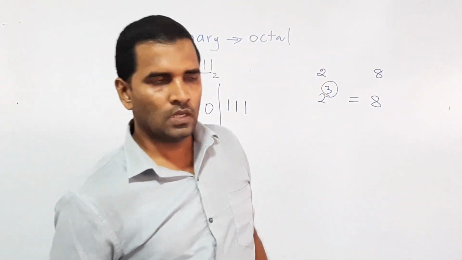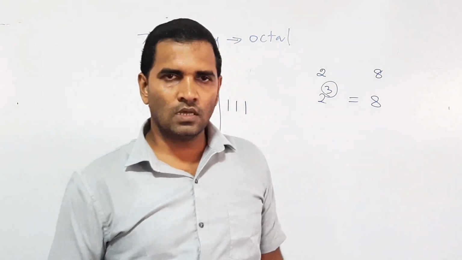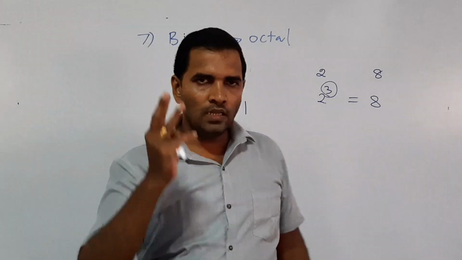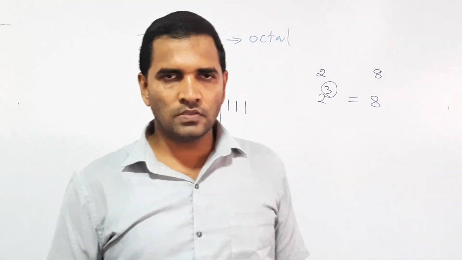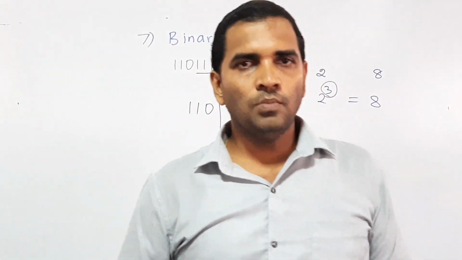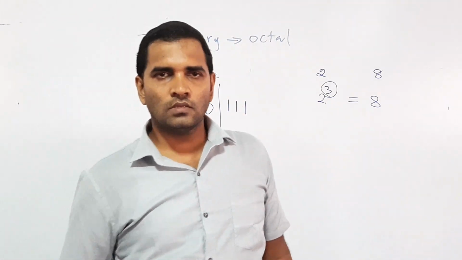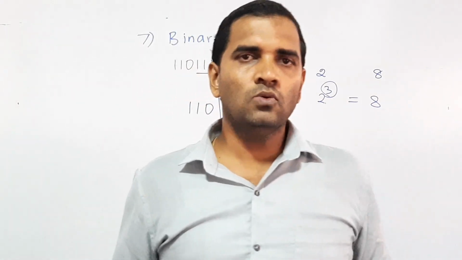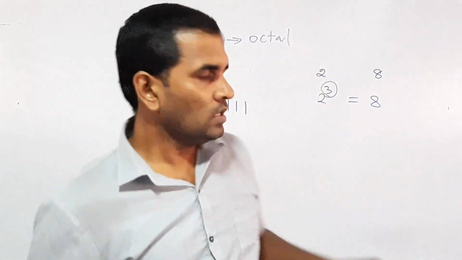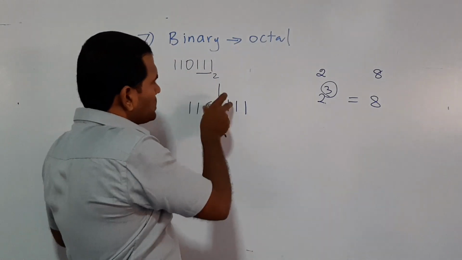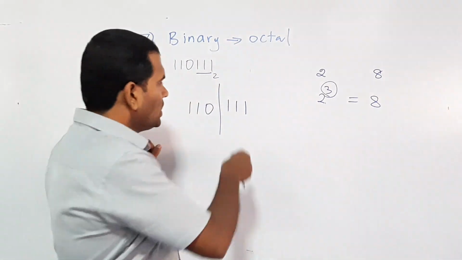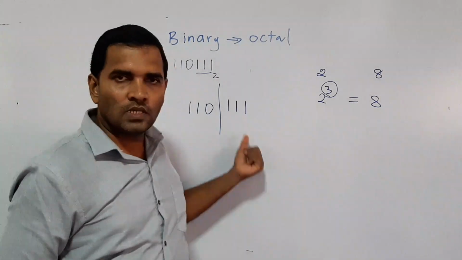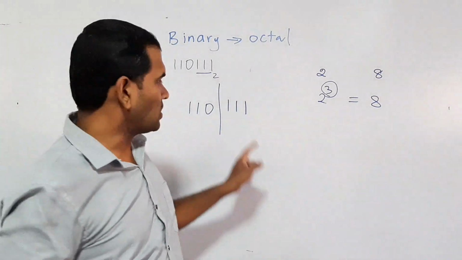Or I can say this connection in a different manner. 3 binary digits are needed for representing one octal character. So if you have 3 binary digits, definitely you can represent one octal character. So look here, you have 6 binary digits. So the reason for making 3-bit groups is to represent an octal character by these 3.